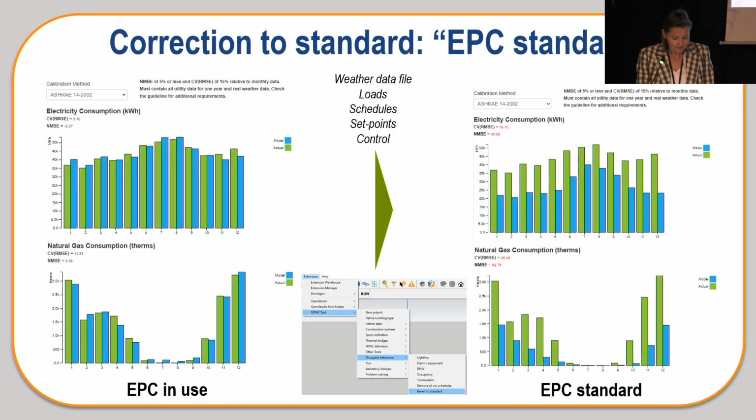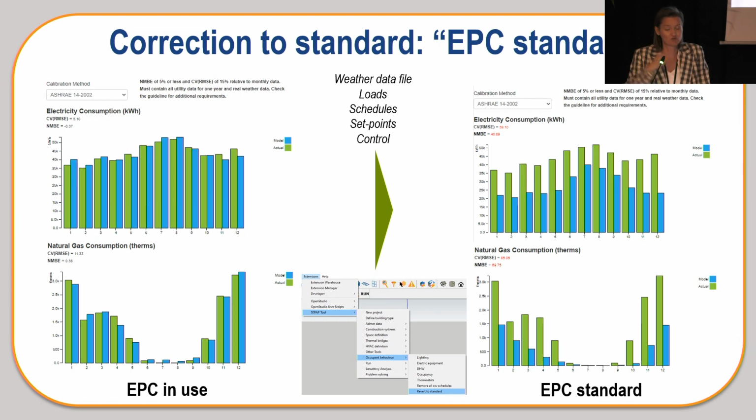Well, a step that we have incorporated in our methodology is the automatic correction to standard operational conditions. This step is automatic from the CEPAP tool, the plugin implemented in SketchUp. In this case, this functionality corrects our calibrated model by a weather data file, loads, schedules, set points, and so on, and automatically gets the results for these standard conditions.